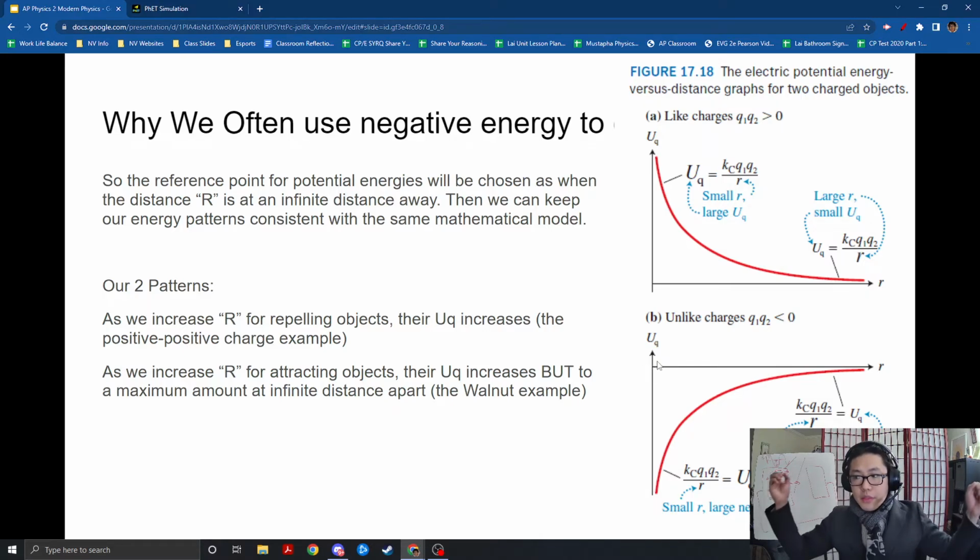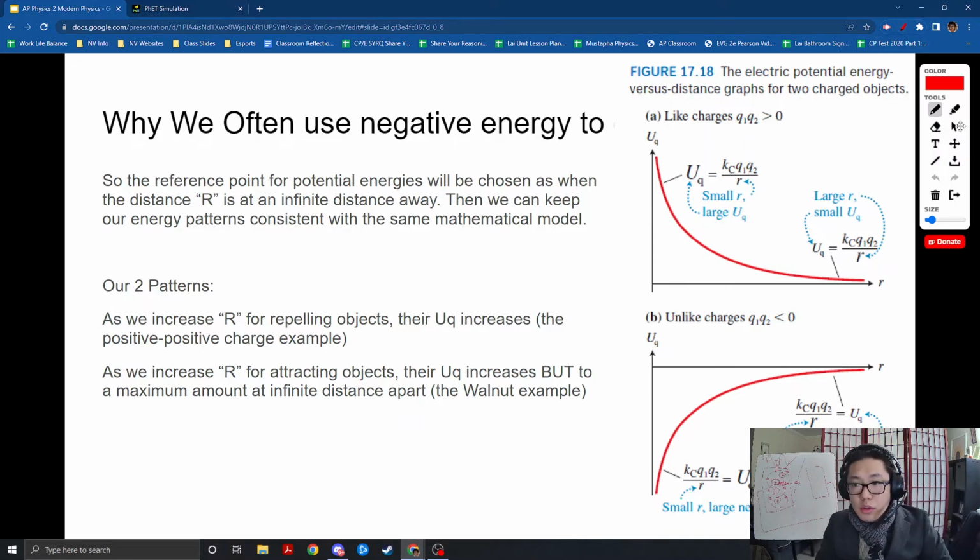But when we let them come closer together, they're actually going to increase in kinetic energy, meaning they're losing UQ. So as the UQ decreases and we let the attracting blocks come closer together, that potential energy is going to turn into something else.